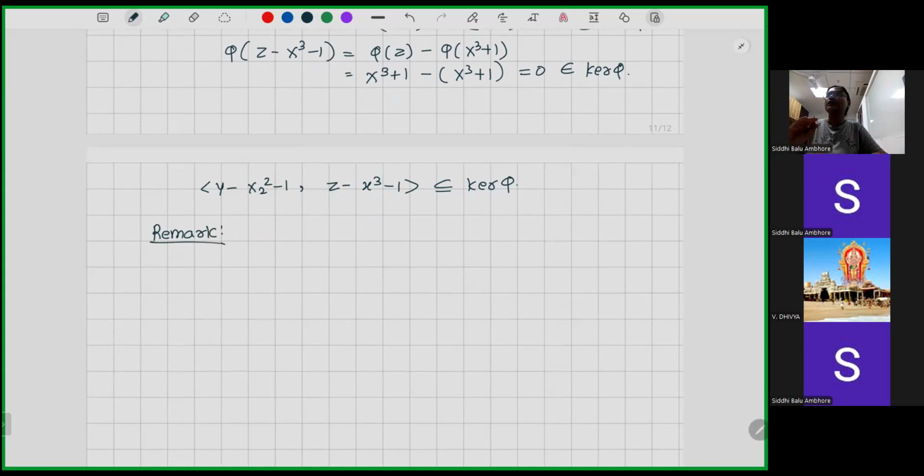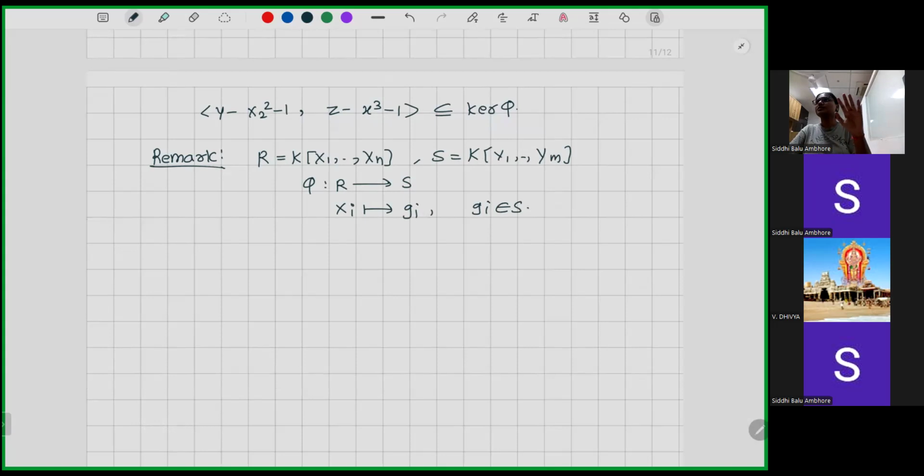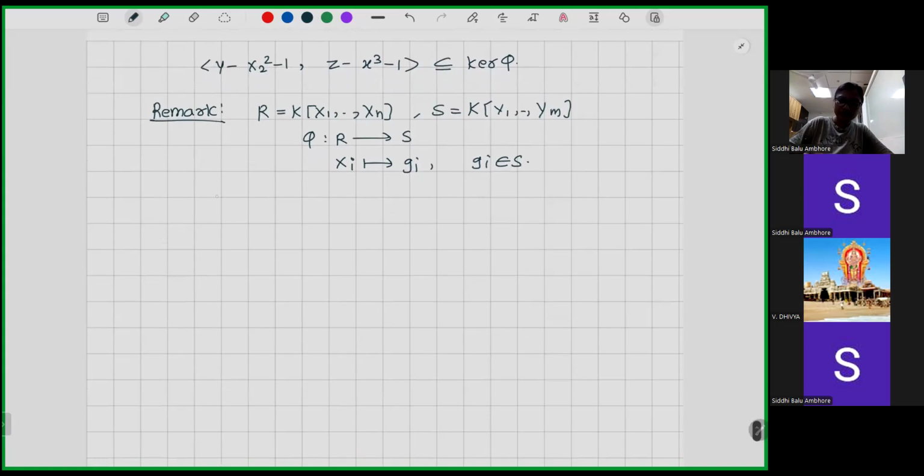This is done in the lectures, that if R is this polynomial ring in x1 to xn, and S is this polynomial ring in some other variables, the variables are different now, y1 to ym, and if I define this ring homomorphism phi from R to S, such that xi goes to gi, with gi some polynomial in S. It doesn't matter, it is just some polynomial in S. Okay. Then we do this.